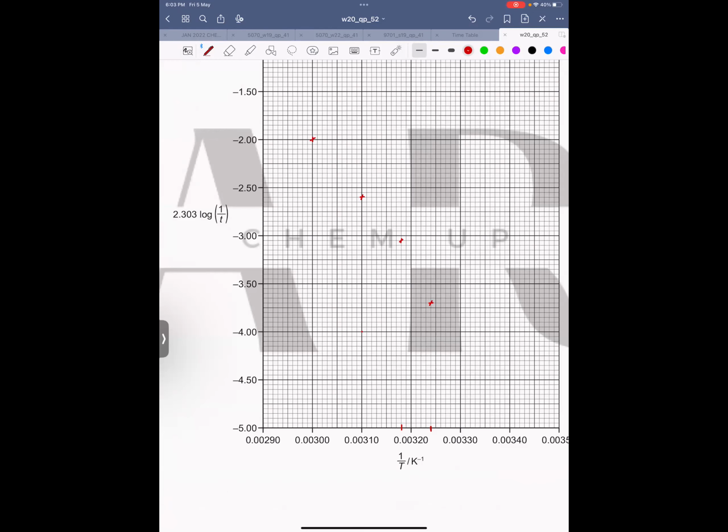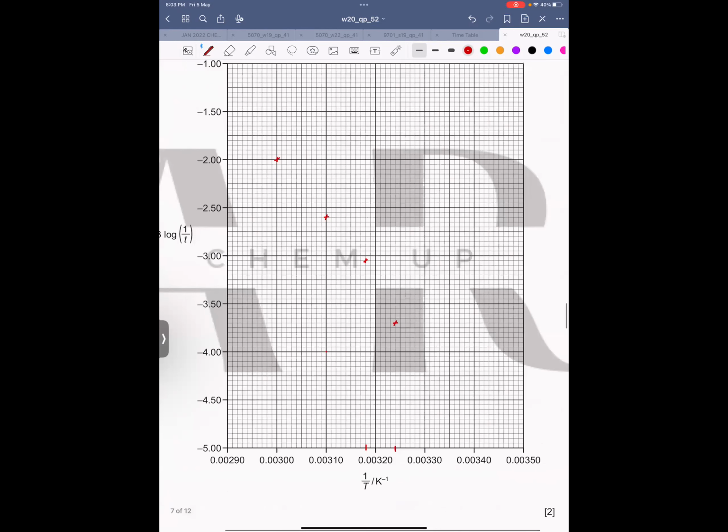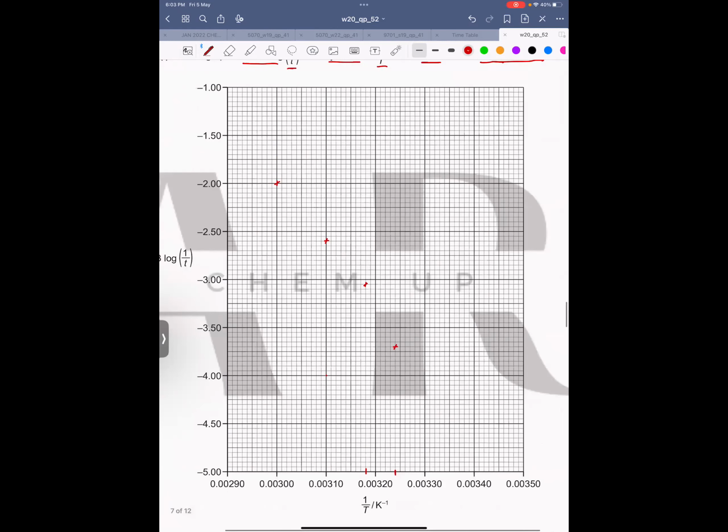And then the next value, please. 333. Okay. And on the y-axis, it's 3.9.